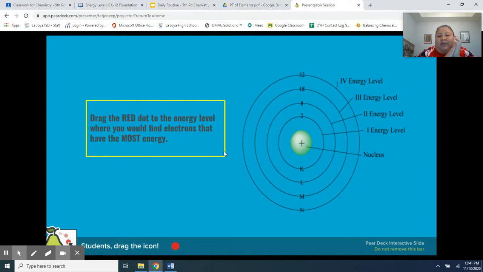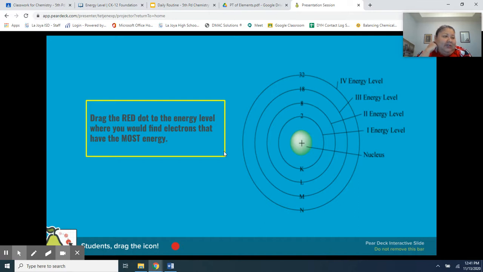All right, drag your red dot to the energy level where you find electrons that have the most energy. Very high energy electrons. Where am I going to find that? Energy level 1, 2, 3, or 4? Where can I find electrons with the highest energy?